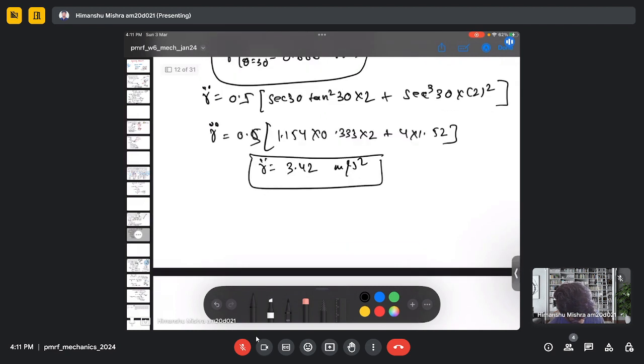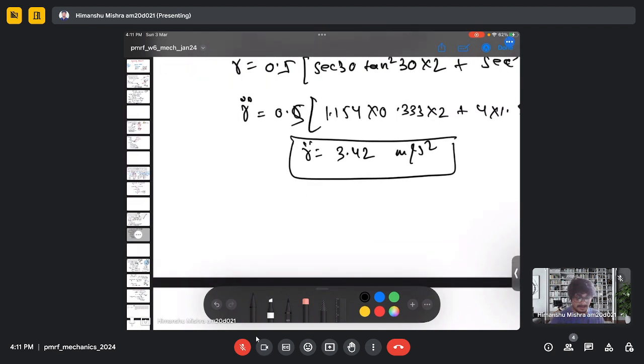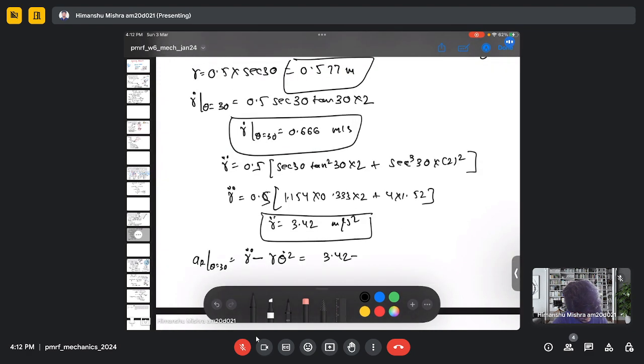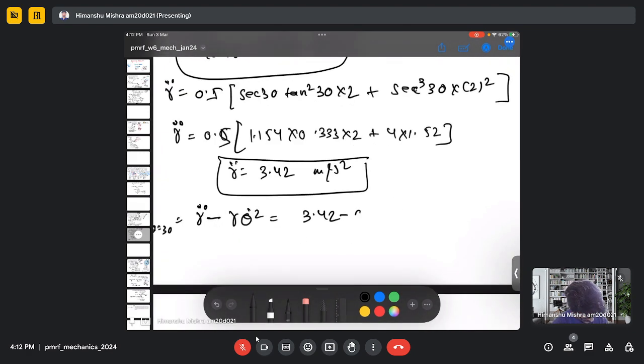So the acceleration at theta equals 30. The radial direction will be R double dot minus R theta dot square, which is 3.42 minus R, which is 0.5774 times theta dot square.